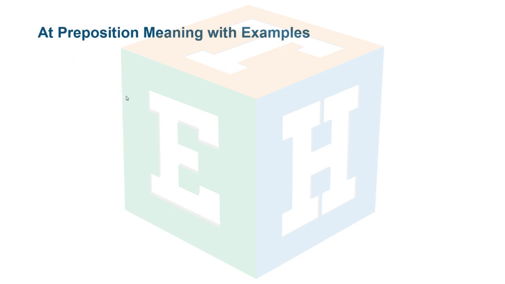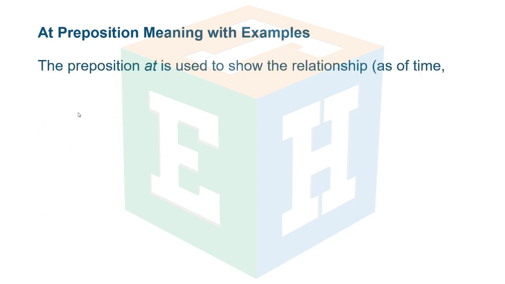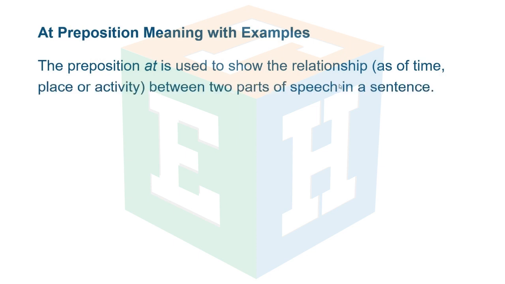At preposition meaning with examples. The preposition at is used to show the relationship as of time, place, or activity between two parts of speech in a sentence.